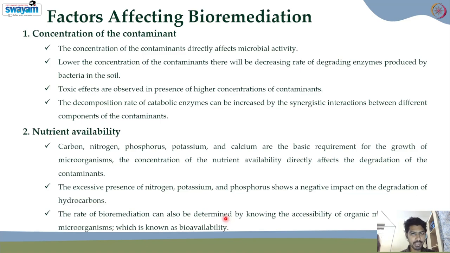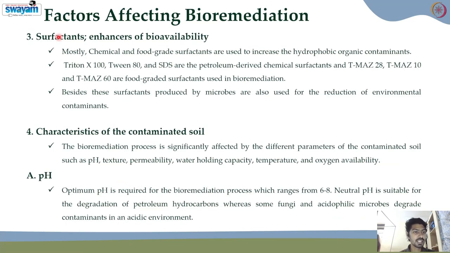So how much pollutant is available to the particular microorganism, we call this bioavailability. The more the bioavailability, the more pollutant will be reaching the microorganism, so it increases the degradation efficiency. So this is why availability also determines the biodegradation of the pollutant.